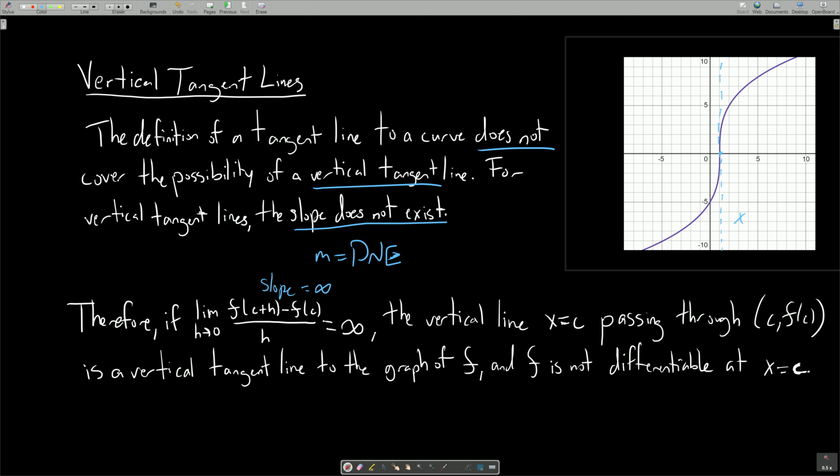The vertical line x equals c passing through c, f of c is a vertical tangent line to the graph of f, and f is not differentiable at x equals c. Not differentiable means you can't take the derivative at x equals c.